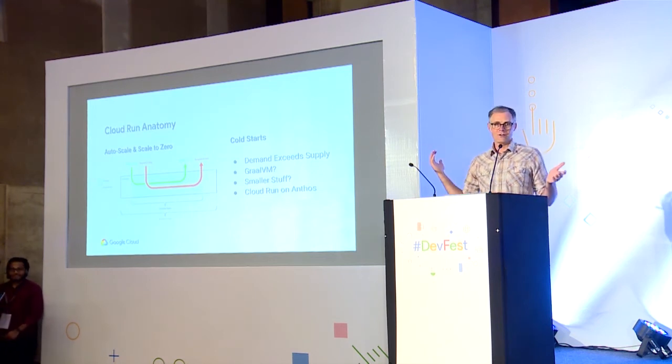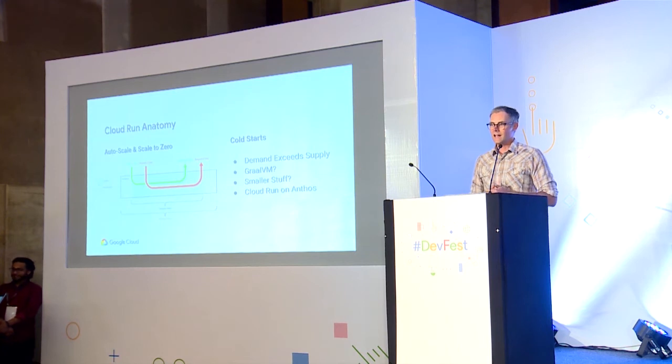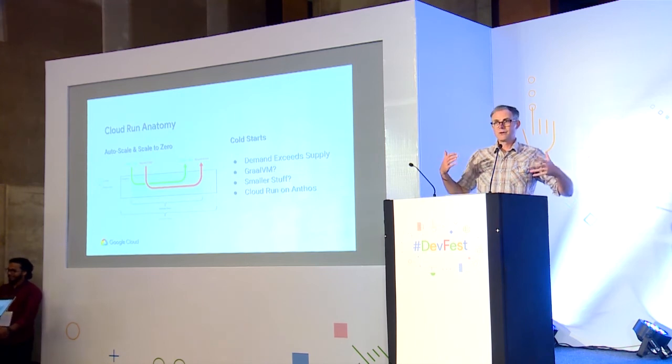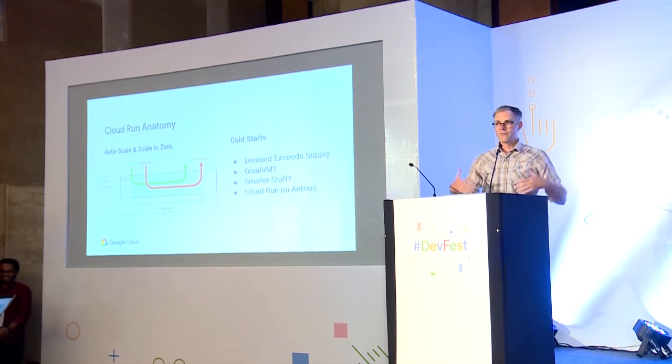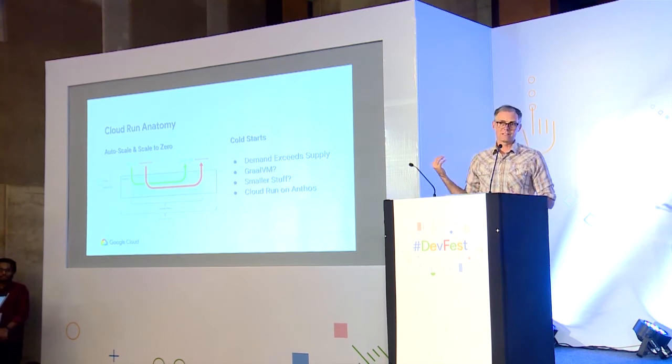If you want to handle 800 concurrent requests without any cold starts, then you can set min instances to 10. You can do that both in Knative and with Cloud Run on GKE or on Anthos. So that's another way to address the cold start issues. In that case, what you're essentially doing is over-provisioning to provide enough supply for your expected demand.